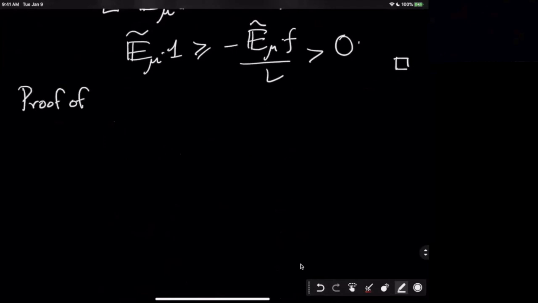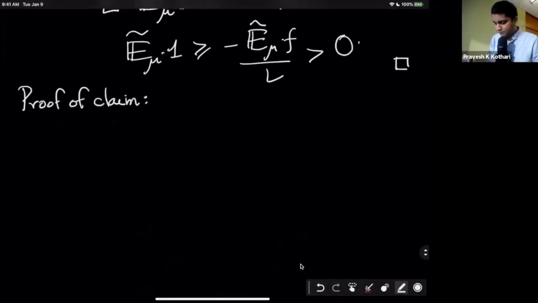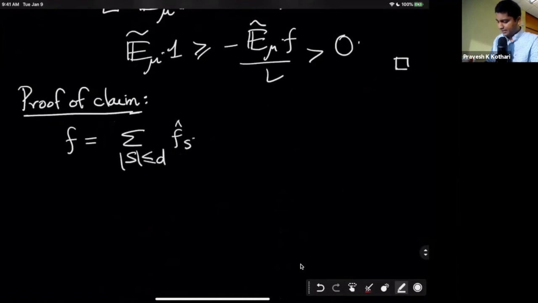And the observation is the following. What we will prove is, let's say f is the sum over S, where S is at most D, of f hat S times x_S.